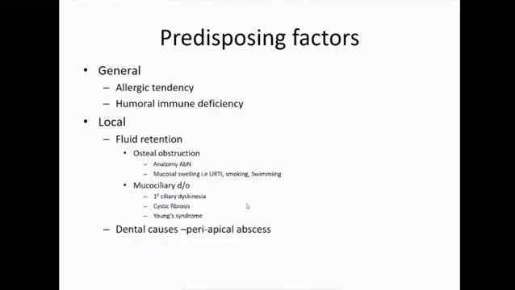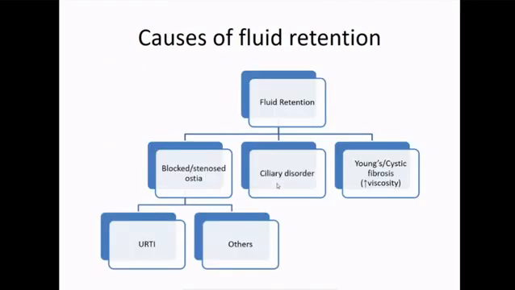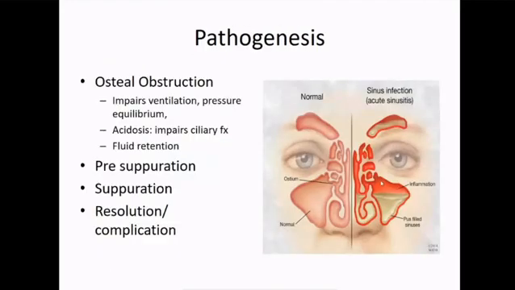So why this ostium, or the opening? You can see here the opening of the maxillary sinus, and all these sinuses have their own opening to the nose, to the nasal cavity. And then, as I said just now, the most common cause of rhinosinusitis is URTI.